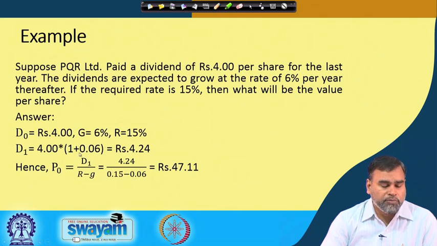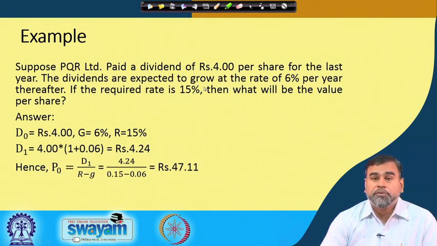Your D0 is equal to 4 into 1 plus 0.06, which is the growth rate. What you will get is 4.24. Then you discount that 4.24 with respect to the discount rate, which is 15% in this case. Then 4.24 divided by 0.15 minus 0.06 will give you 47.11 rupees.